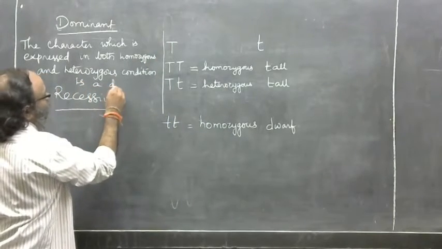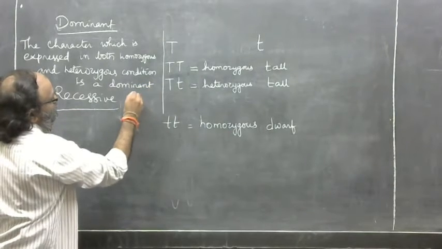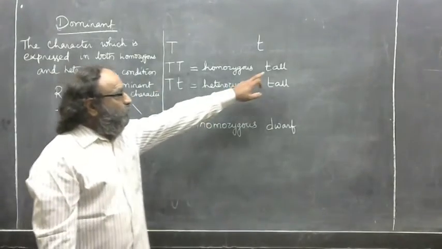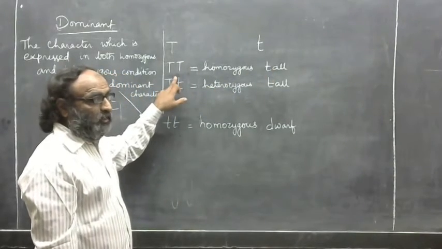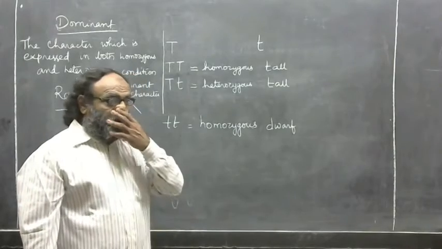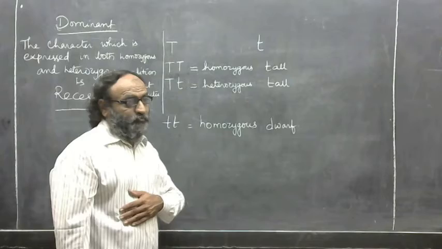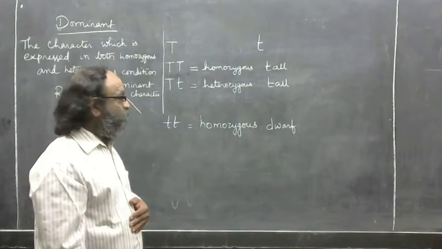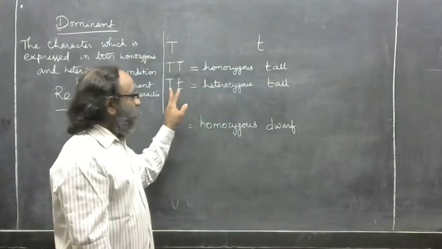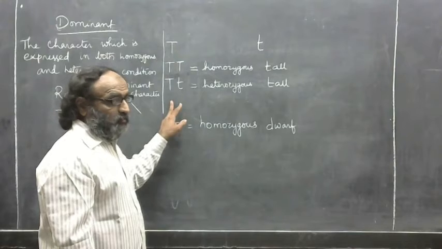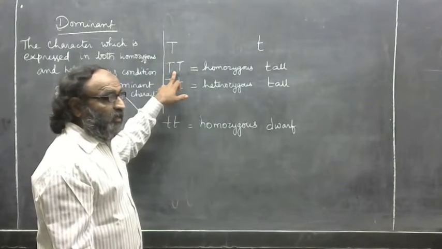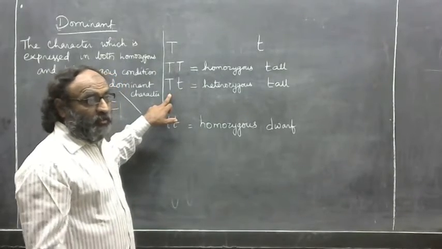So tallness is expressed in this homozygous condition, capital T capital T, and tallness is also expressed in heterozygous condition. So tall is dominant over dwarf. So the character tallness is expressed in homozygous condition and heterozygous condition. Therefore, the character which is expressed in homozygous condition as well as heterozygous condition is called the dominant character.